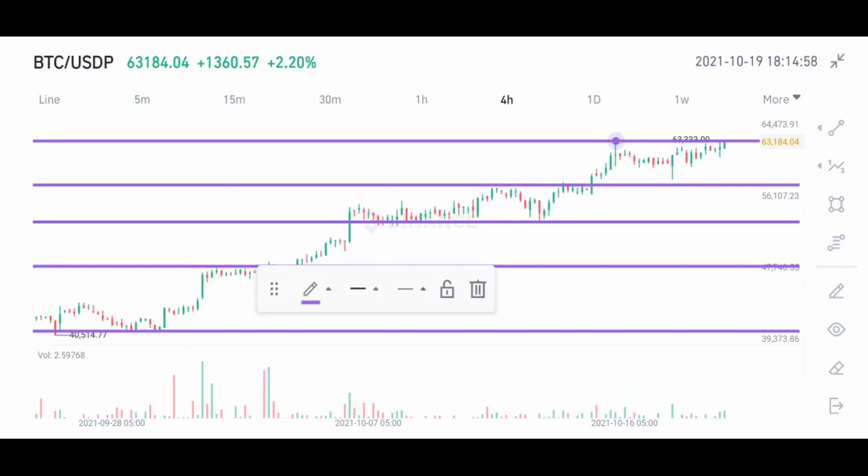Now it's 63,184. You can see how these things can move. In 4 hours, it has gained $1,360. Can you imagine that?